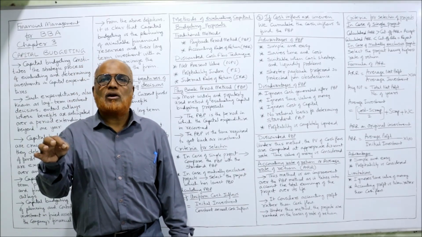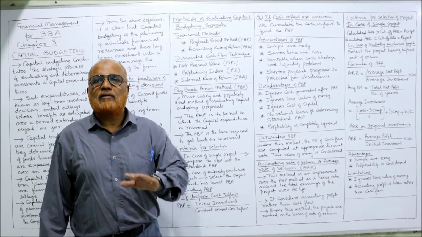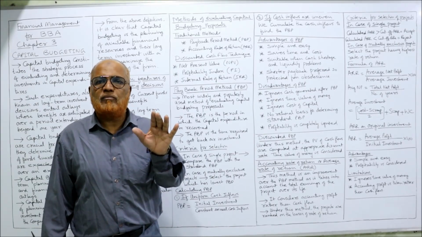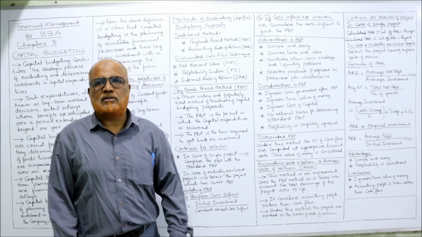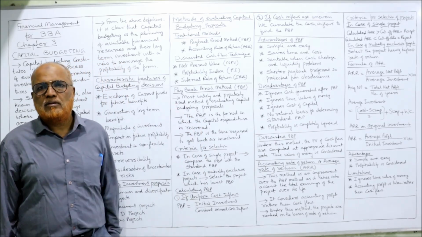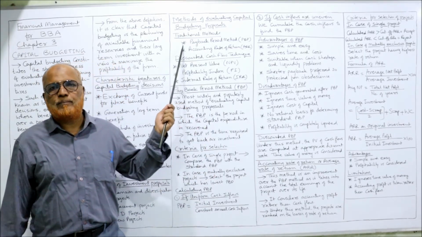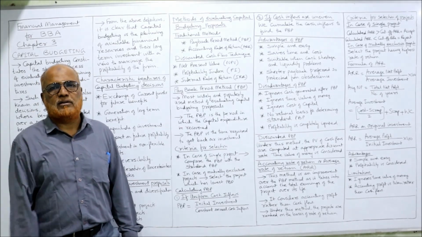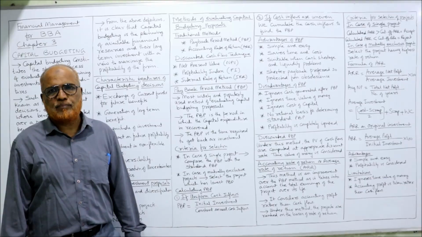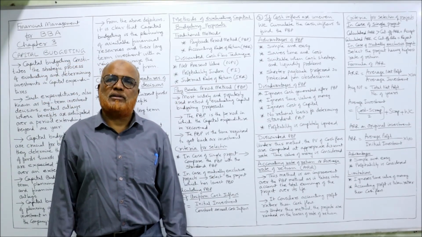The traditional methods are also called undiscounted methods. That means without considering the time value of money. That is called undiscounted method. Those are the traditional methods. And those methods are payback period, PBP method, and ARR, accounting rate of return or average rate of return. This PBP and ARR, these two are the traditional methods.